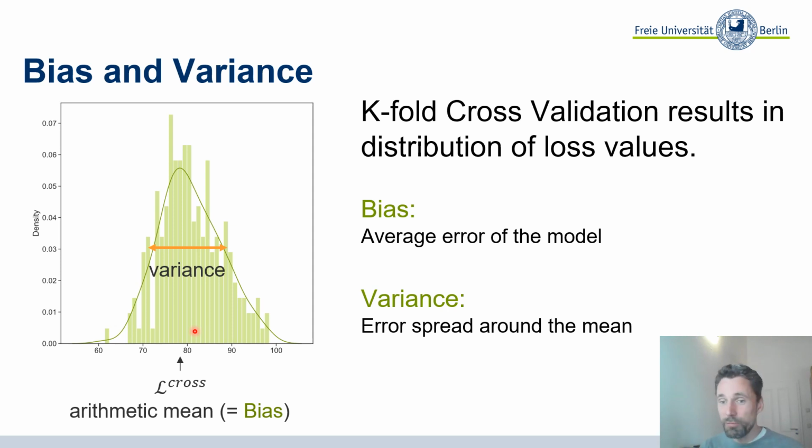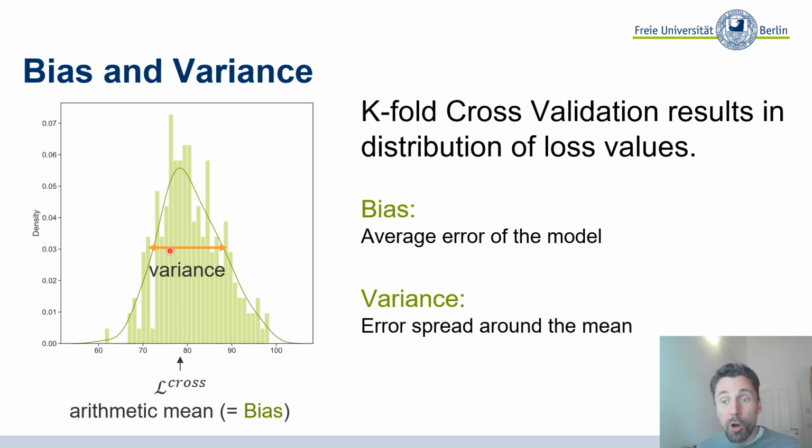So if you don't know, and you usually don't know, what your real world data will look like in production, you can estimate a loss with the bias. So this is what your model will perform. This is the expectation, on average.